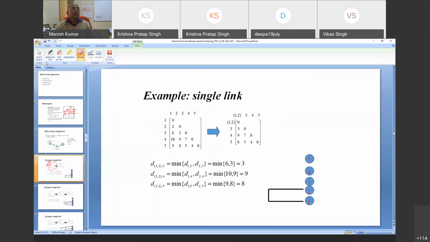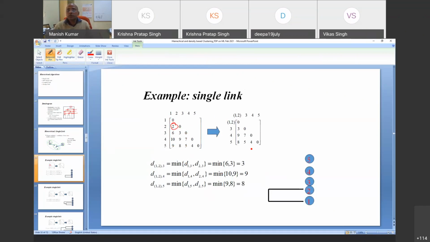First of all, always remember to find the minimum distance within this matrix. What we found is that 2 is the minimum distance, so the first two objects to be merged are 1 and 2, because this 2 corresponds to 1 and 2.